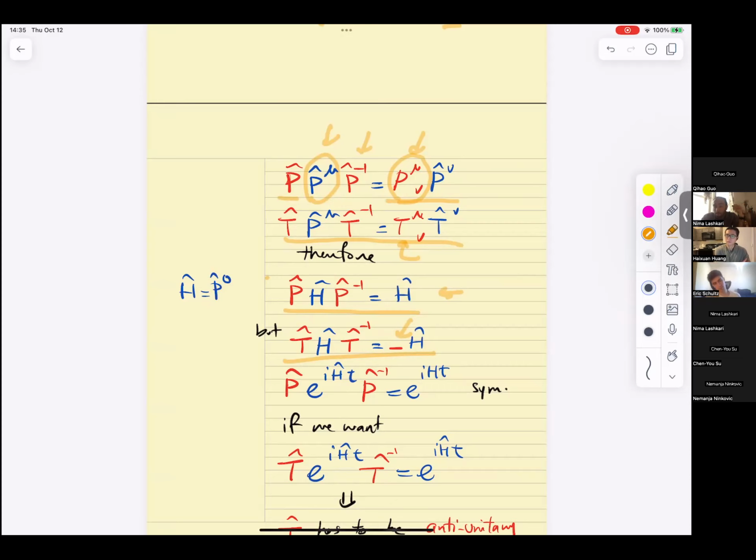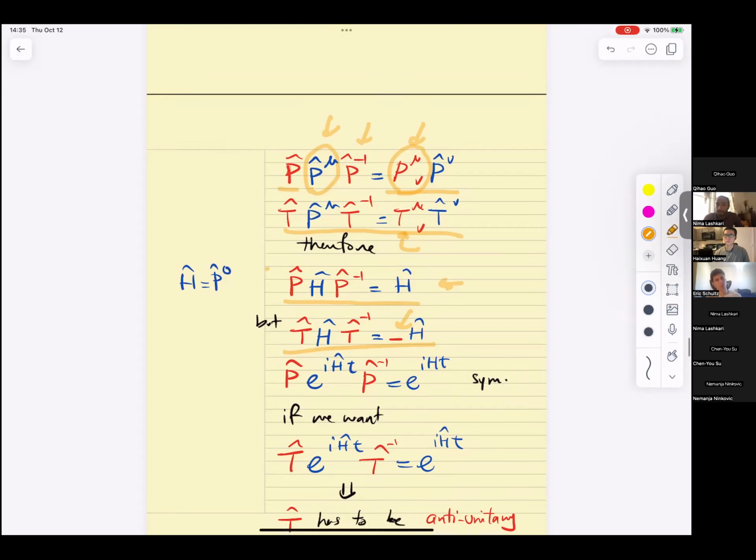Positive energy under time reversal becomes negative energy. It has to do with the fact that energy is the charge associated with time translations. Time translations upwards towards the future, under time reversal become time translations towards the past. So it's natural that the energy flips.